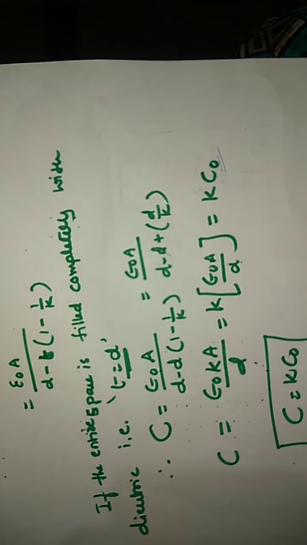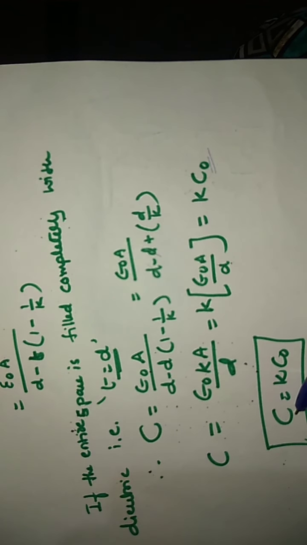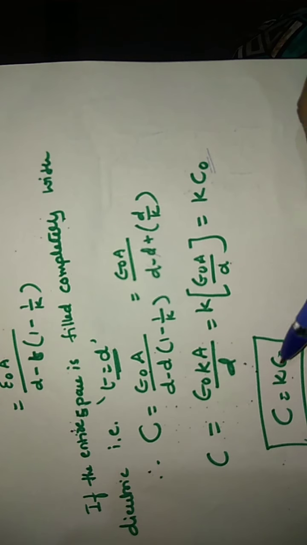Therefore, the capacitance of the capacitor with the dielectric would be equal to the product of the dielectric constant of the dielectric material which is inserted and the capacitance of the capacitor without dielectric. This equation shows that the more the dielectric constant of the material, the more the capacitance is enhanced due to the insertion of the dielectric material between the two plates.